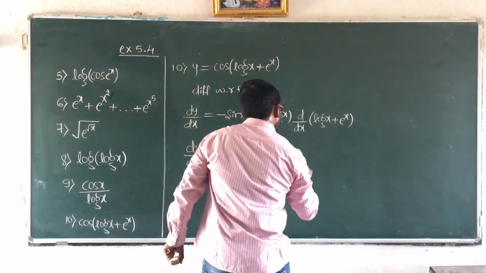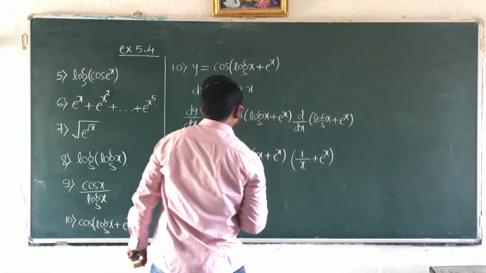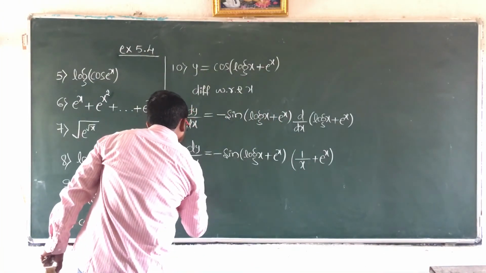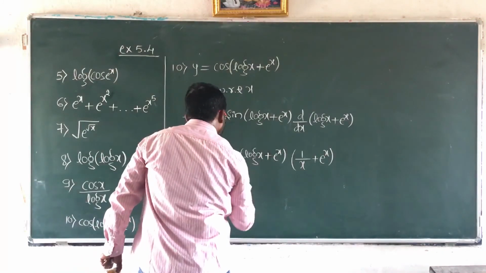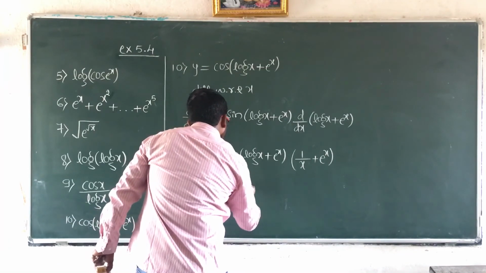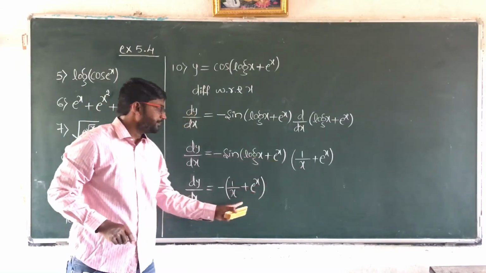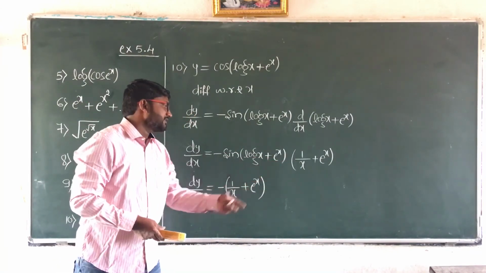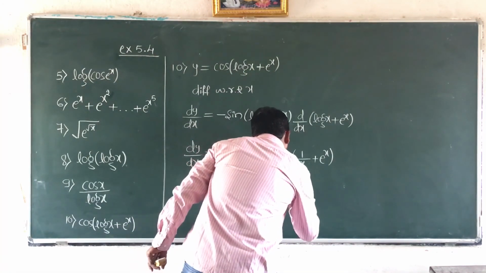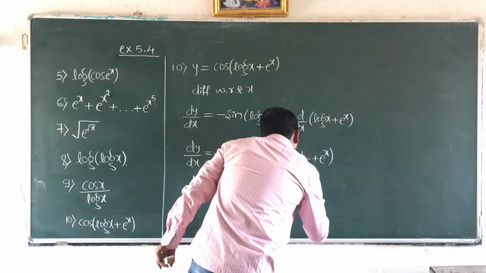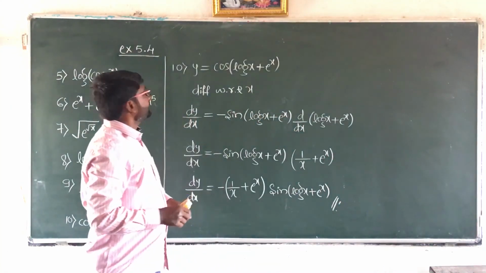So now into 1 by x plus e power x. So now dy by dx is equal to, let us rearrange the terms here. Minus, write this now in the beginning, 1 by x plus e power x. I have written this term in the beginning. Now I will write this term, so it is sin of log x plus e power x. So this is all about the 10th problem.